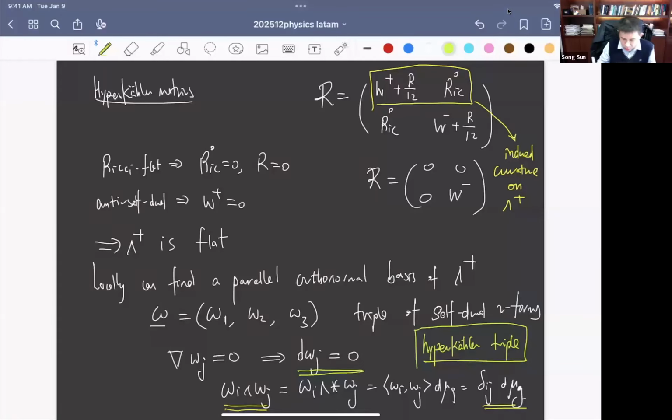So why is this hyperkähler? We know lambda plus is flat. Maybe one way to see this is that we write SO4 as a double cover of SO3 times SO3.